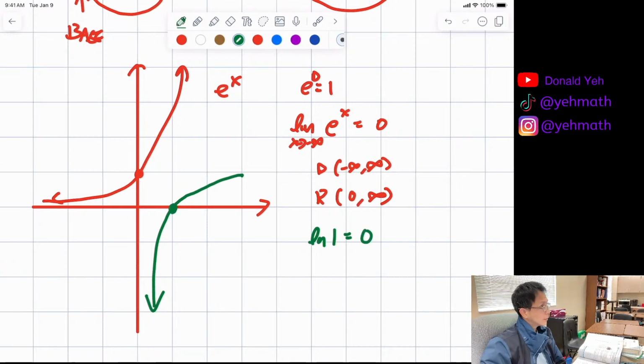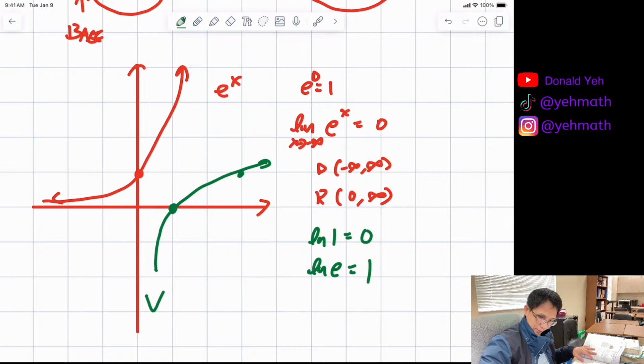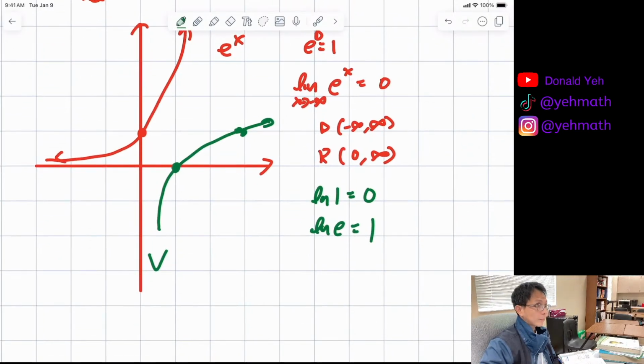What is natural log of e? 1. It's actually a little bit higher, so hold on a second. It's going to be like this. The power that e must be raised to in order to equal e has to be 1. Organize it in your head. This is like a fraction.